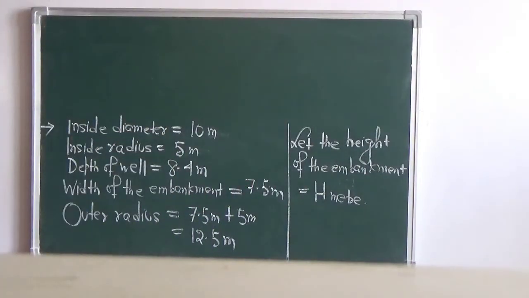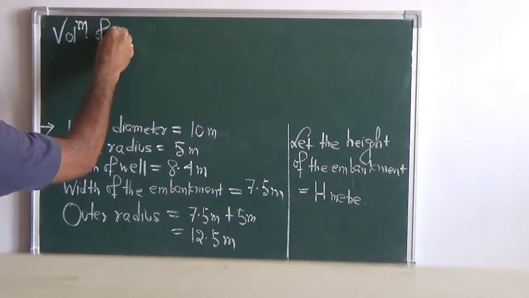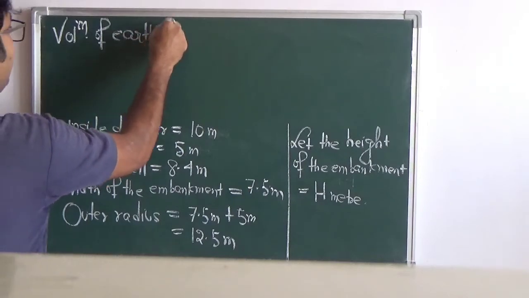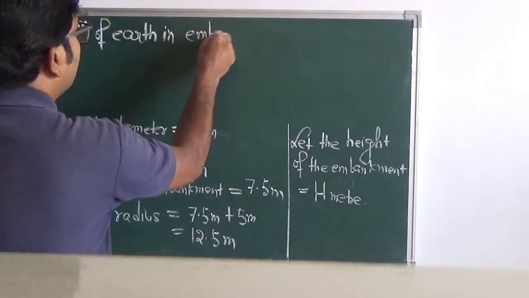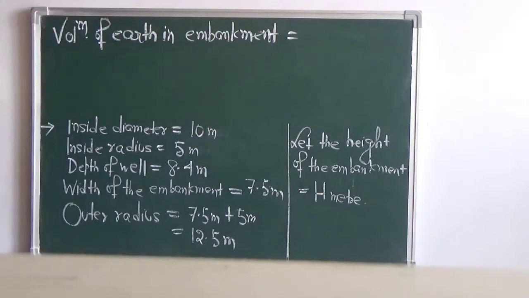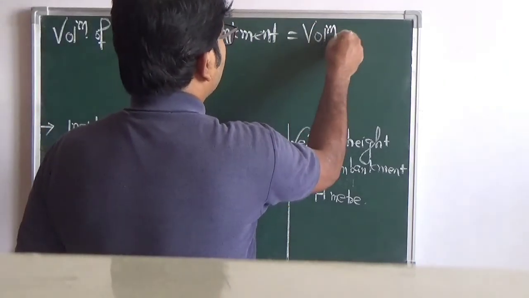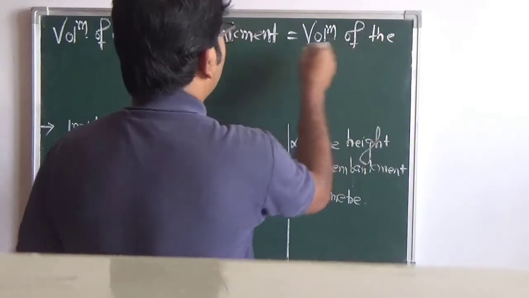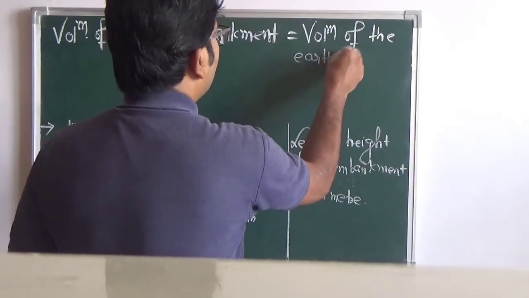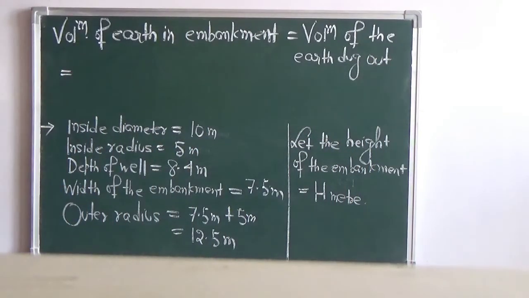So now again, if you look into this, what is the volume of the earth in the embankment? It is equal to the volume of the earth dug out.